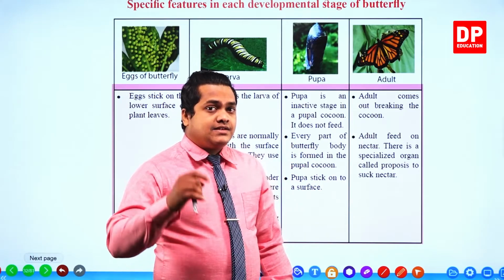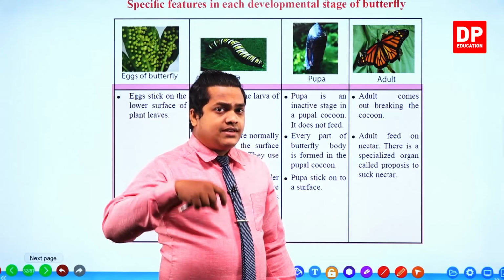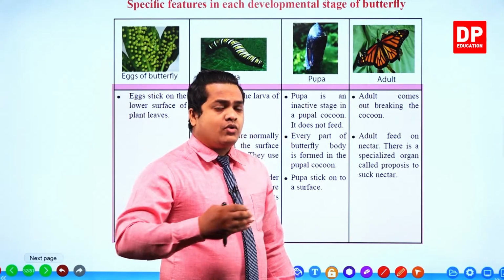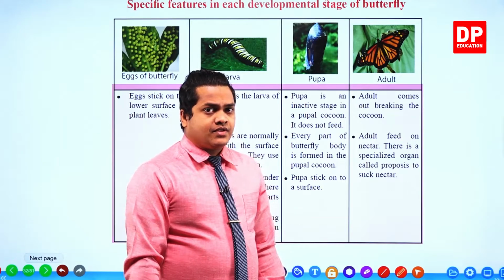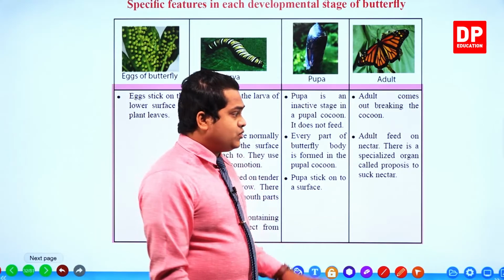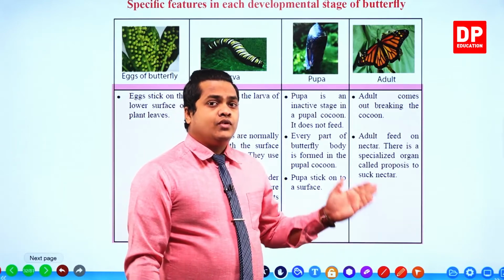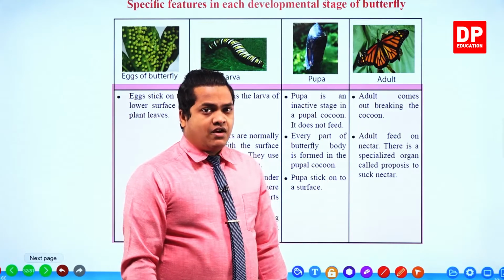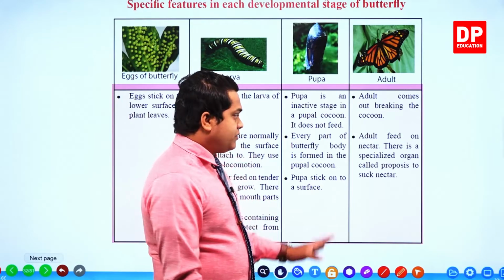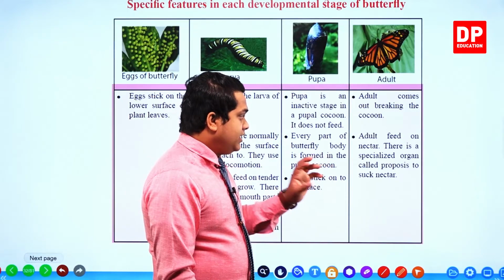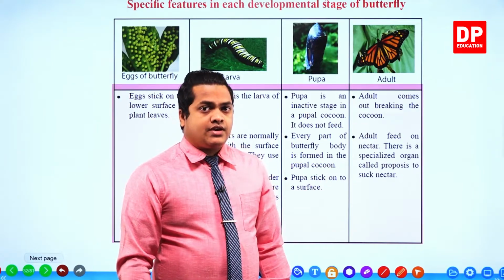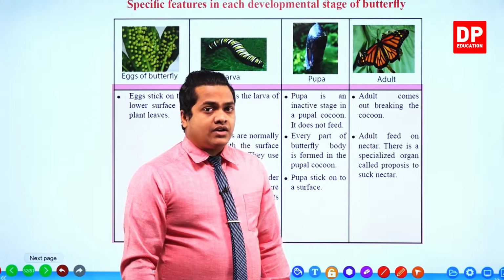This proboscis can be inserted into the flower to suck out nectar from it. So the proboscis is really helpful to get nectar from a flower. It is the special organ used to suck nectar in an adult butterfly.